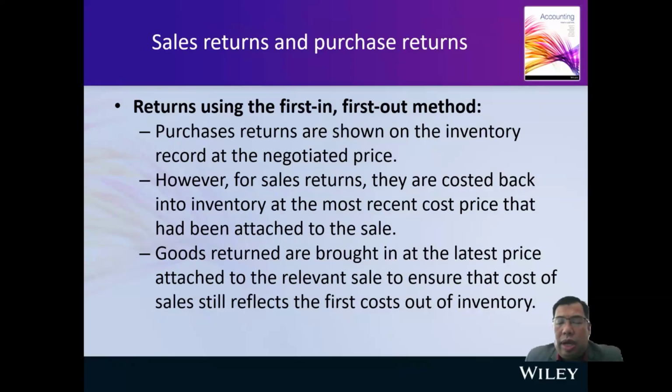At what price did we attach the inventory to the sales? Goods returned are brought in at the latest price attached to the relevant sales to ensure that the cost of sale still reflects the first cost out of inventory. So this is about the sales return and purchase return.